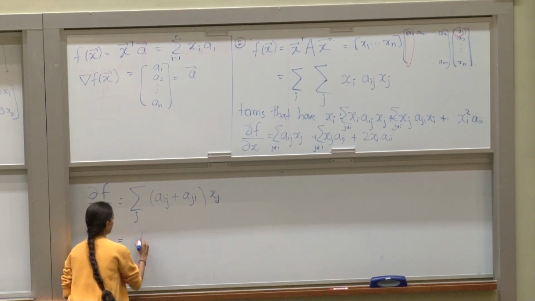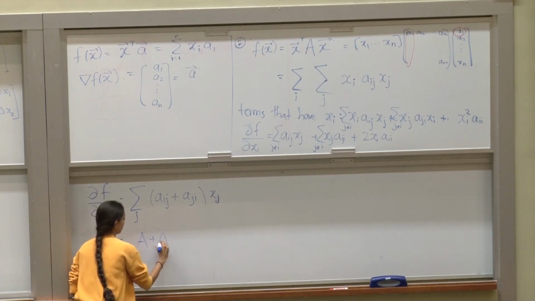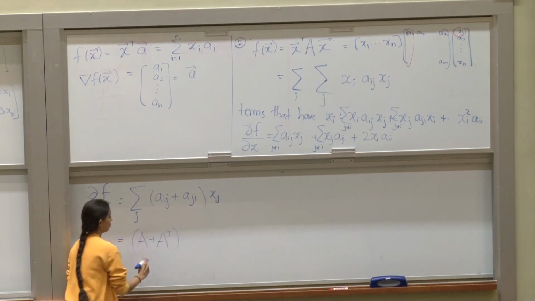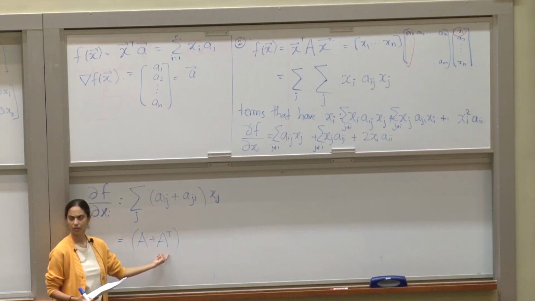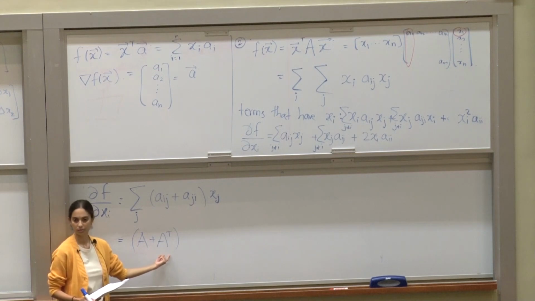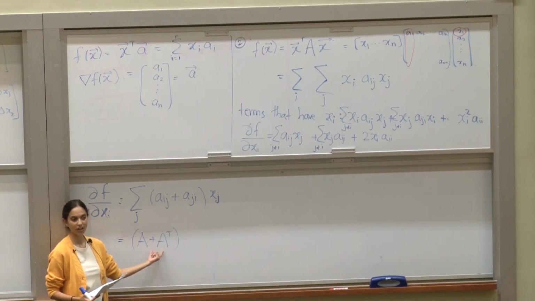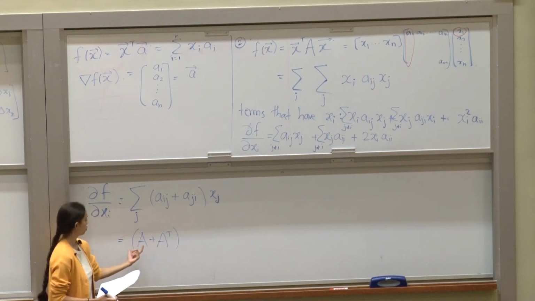So if I considered A plus A transpose, what would the entries of this matrix be? Would this be a symmetric matrix? I think it would. What would be the ijth entry of this matrix? Aij plus Aji, right?